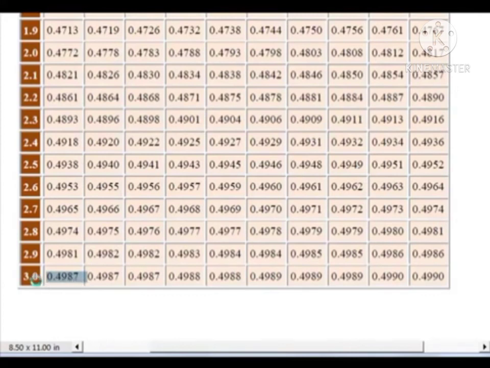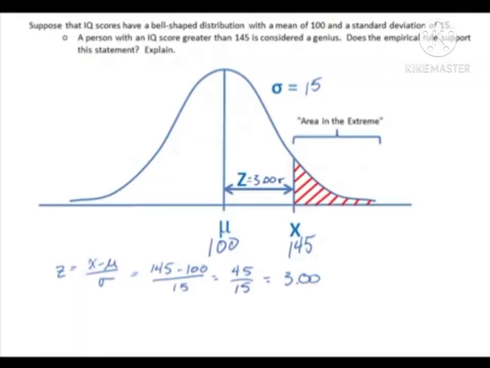On the z chart, we find right here that a z of 3.00 is equal to an area of 0.4987. So this distance from the x to the mean is equal to 0.4987.